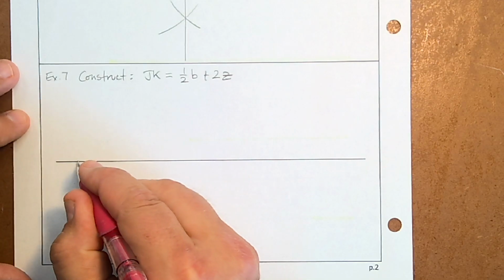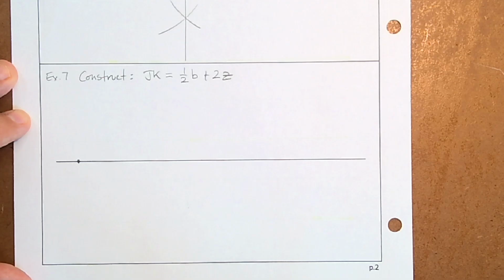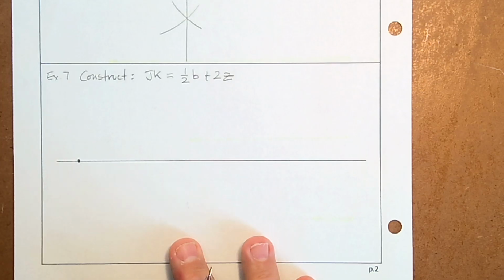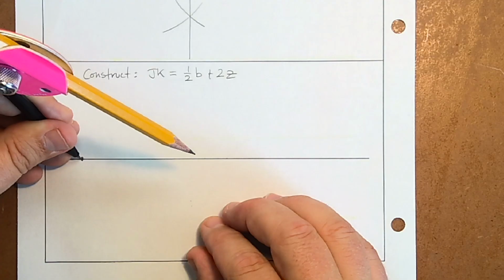Let's put a point out here like this. I'm not going to label that J just yet because that might not be the beginning of my line segment. I'm just going to put a point out there for now. All right? And then I'm going to get myself a B measurement. So I'm going to come to my little point here.